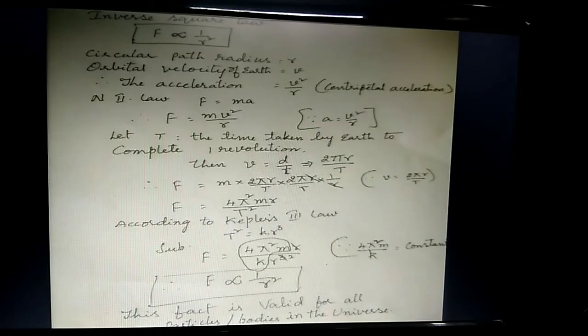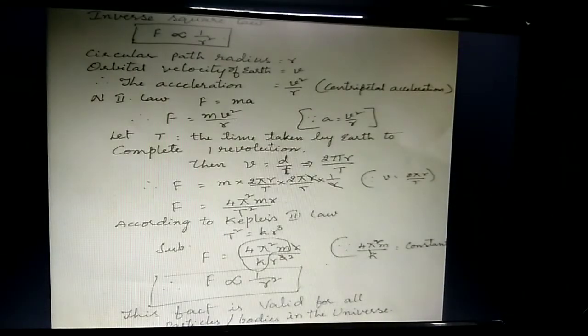Let T be the time taken by the earth to complete one revolution around the sun. Then v is equal to distance covered by time. Since the planets are moving in circular orbits, v = 2πr/T.